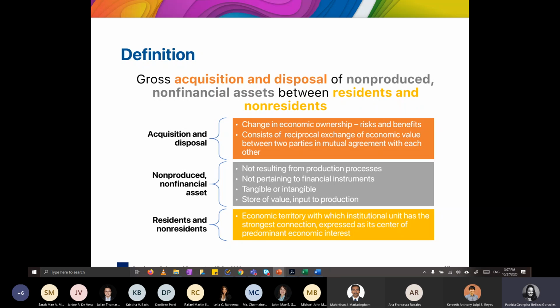So an acquiring party would take ownership of an economic asset, and the disposing party would be giving or transferring economic ownership of a certain asset. In this case, the asset, for the capital account, is a non-produced, non-financial asset.